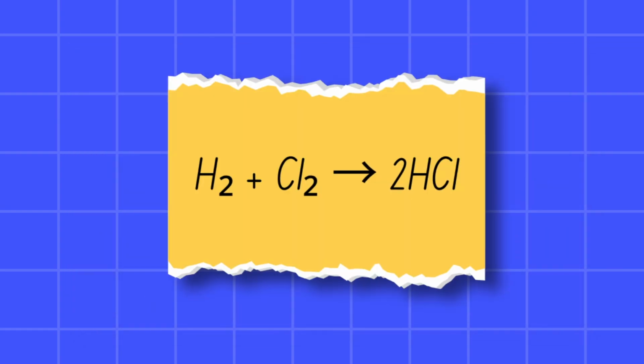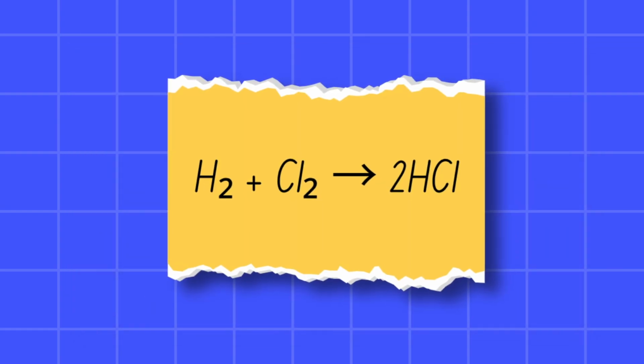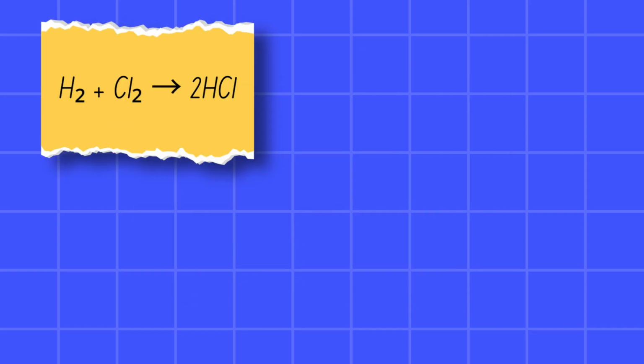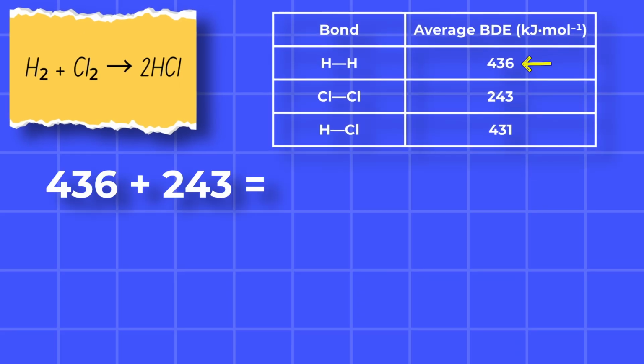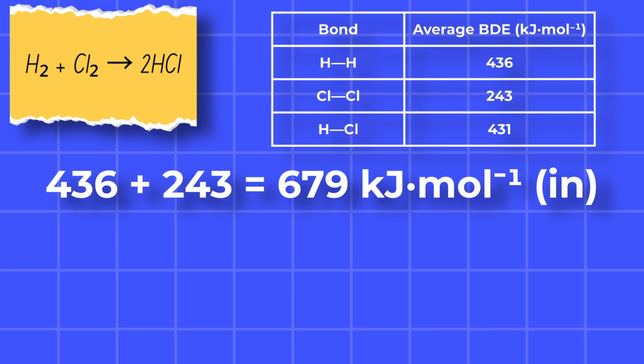Let's estimate the reaction enthalpy using bond dissociation energies. First, we break the H-H bond and the Cl-Cl bond. That's 436 plus 243 for a total of 679 kilojoules per mole in.